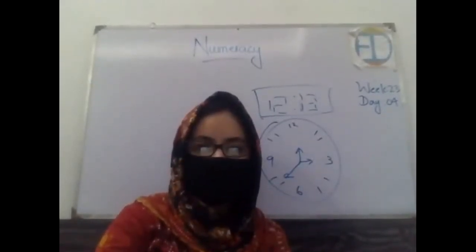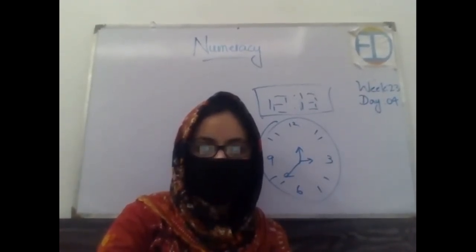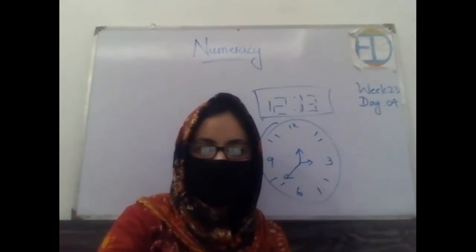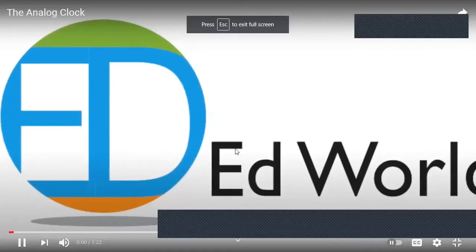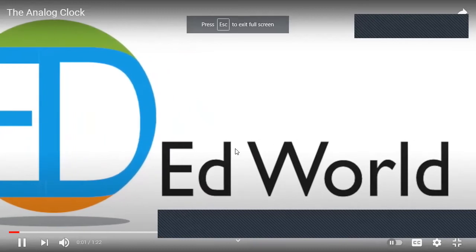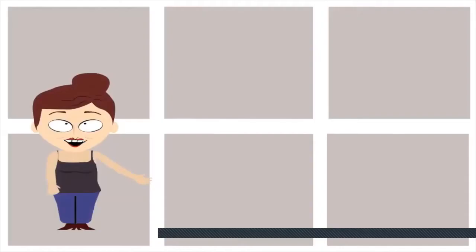Now let's have a look at the analog clock together. Okay, I'm sharing the screen again. Now let's have a look at this one. Is it visible? Okay, great. Hello, children.